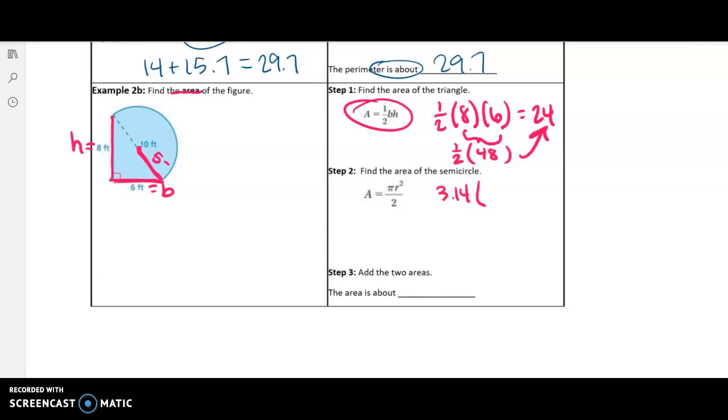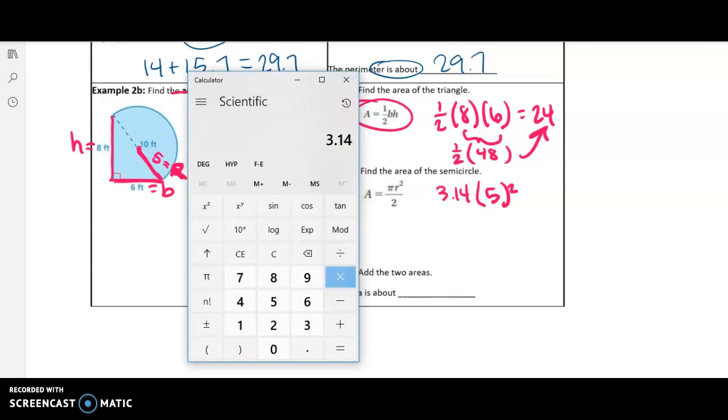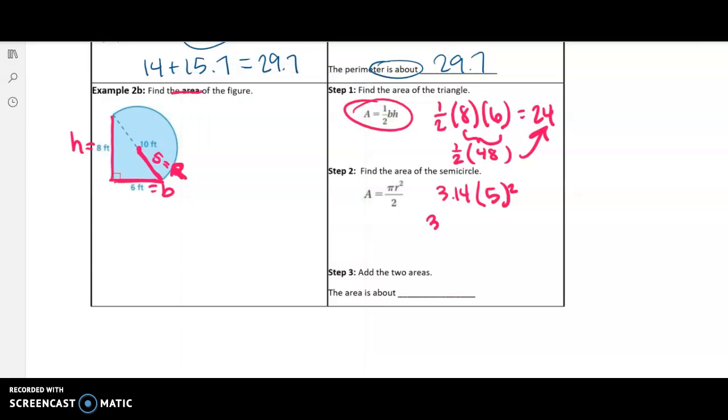So this is actually going to be 5 because half of 10 is 5, and that's our radius. And then squared. Now remember, this is 5 times 5. So we're going to do 3.14 times 5 times 5, and then divided by 2. So we have 39.25.